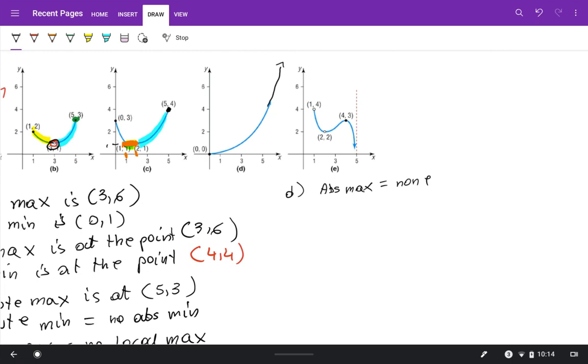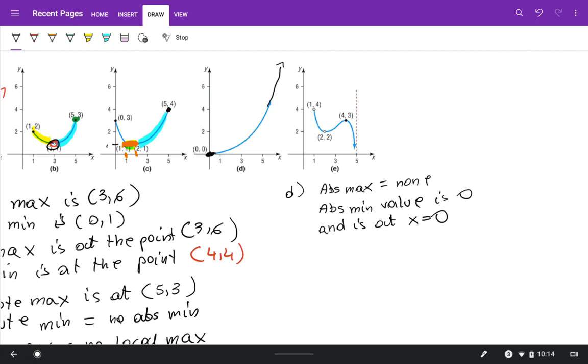Now, the absolute minimum value, the lowest y value, is 0, at x equals 0.